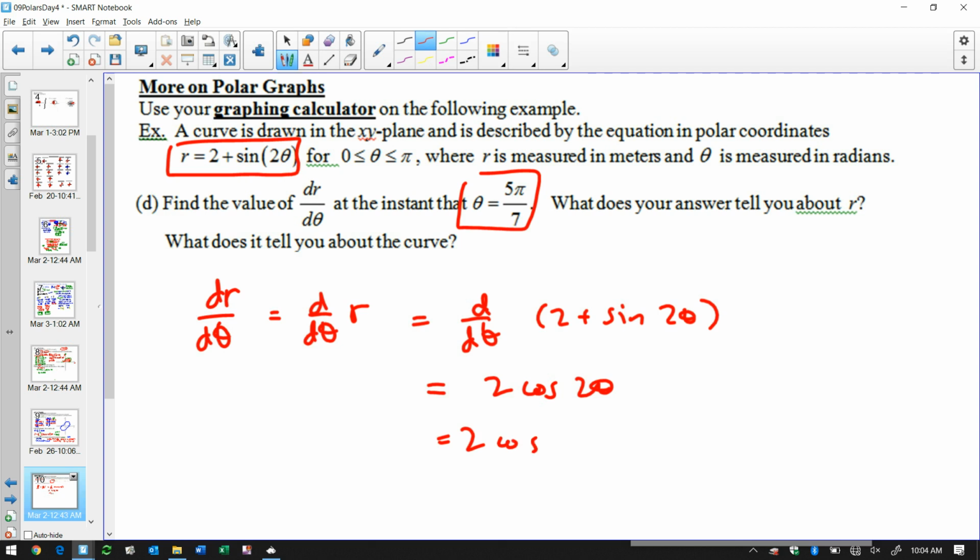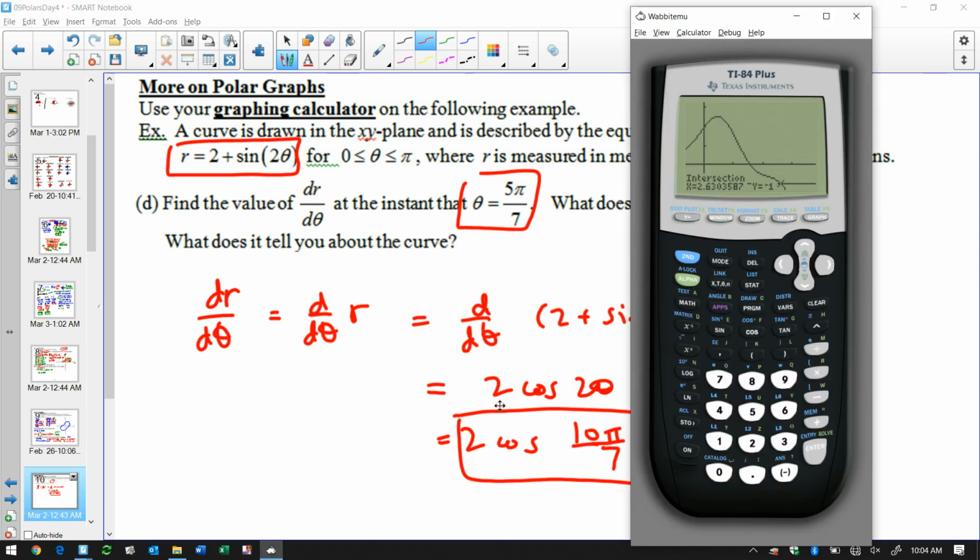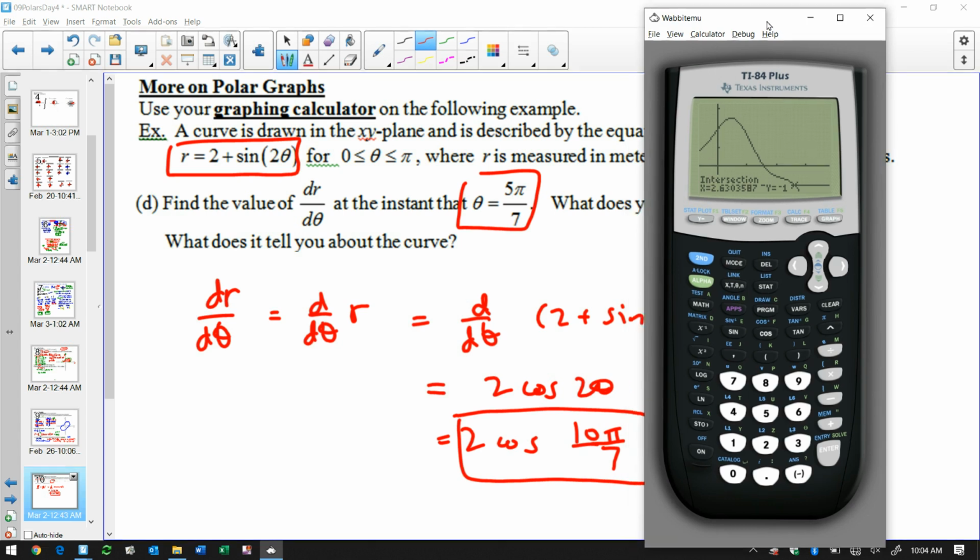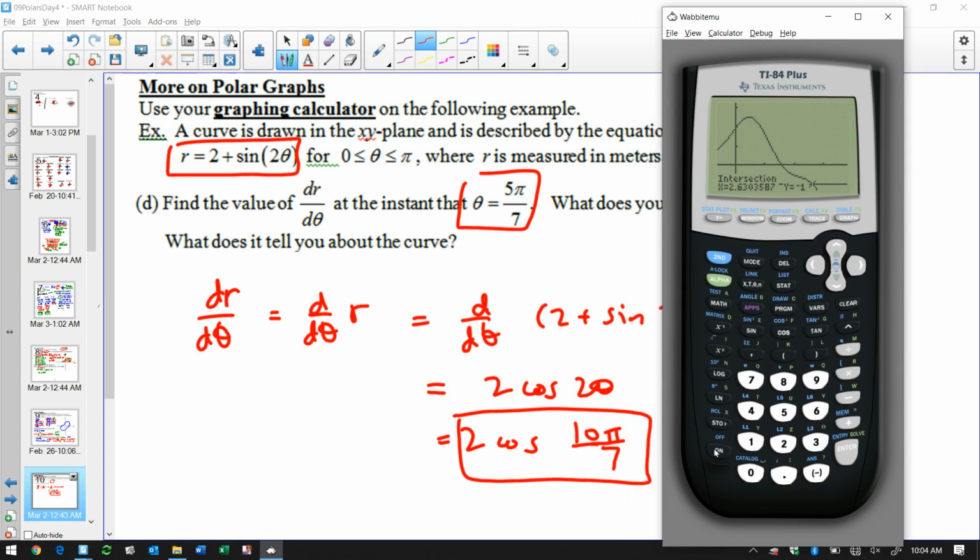I know what theta is equal to. What's theta equal to? 5 pi over 7, right? So this is just 10 pi over 7, okay? This is your answer. I'm going to put it into the calculator because it asked me this question, and I'm going to show you why I want to put it into the calculator. Let's just get a number for this.